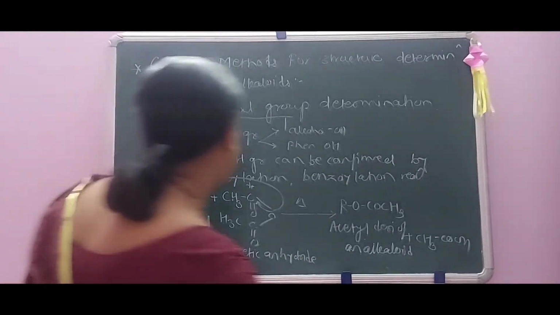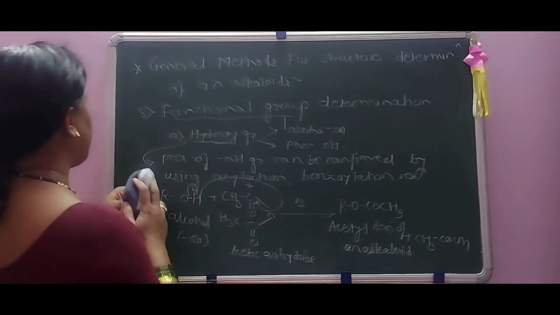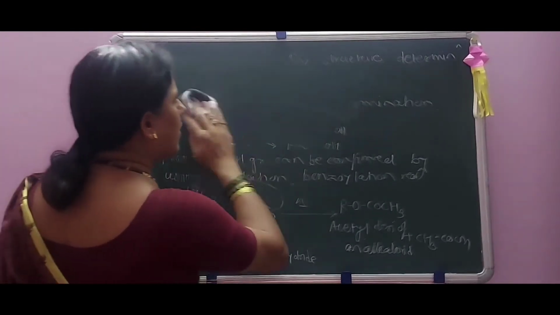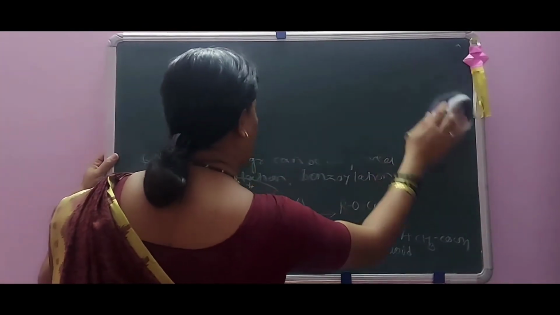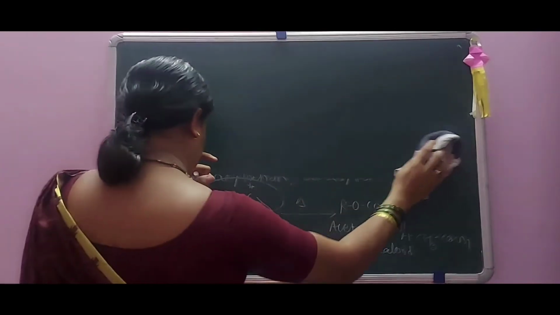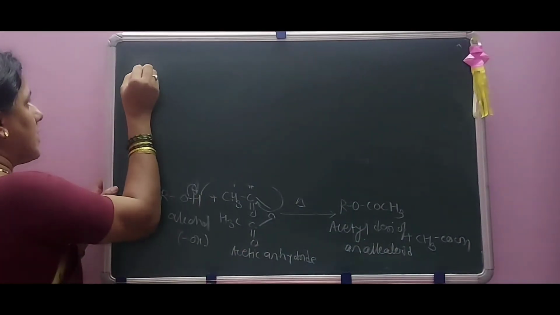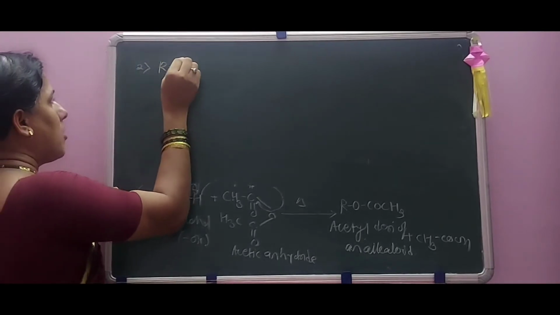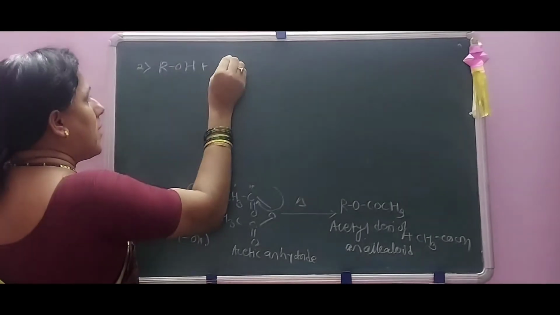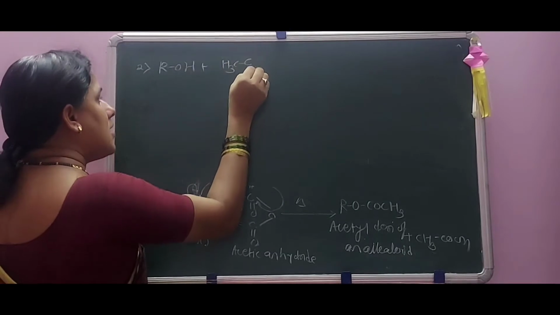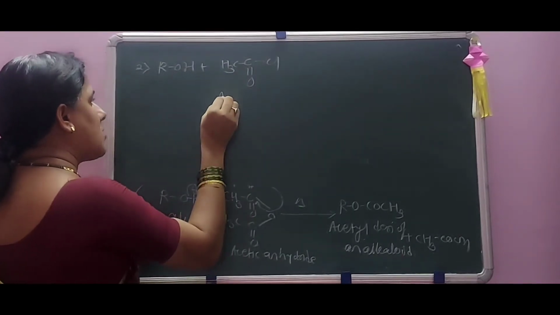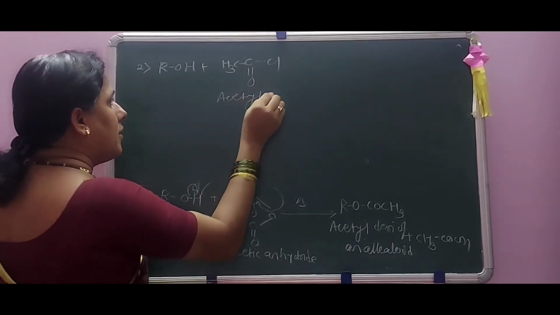Now the second reaction of acylation is with acetyl chloride. In the presence of a hydroxy group, ROH plus CH3COCl, this is called acetyl chloride.